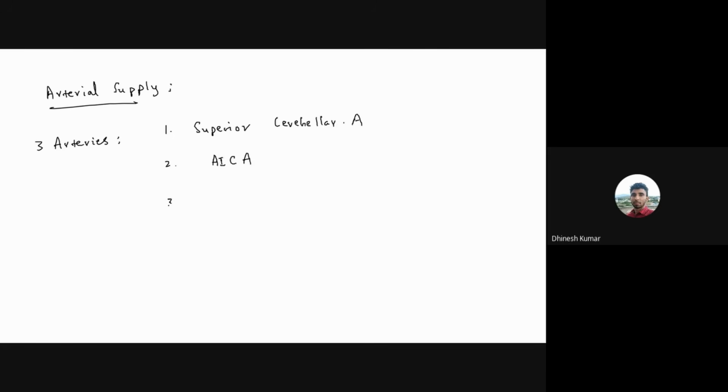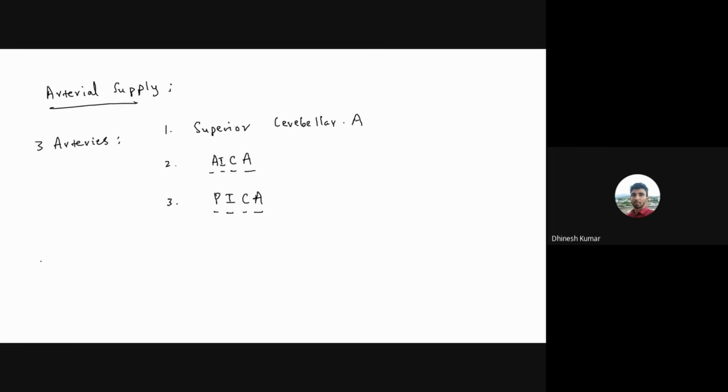Don't write AICA, PICA in the exam; you have to write the full form: anterior inferior cerebellar artery. And what is PICA? Posterior inferior cerebellar artery. Anterior inferior cerebellar artery, posterior inferior cerebellar artery. So these are the 3 arteries supplying the cerebellum.